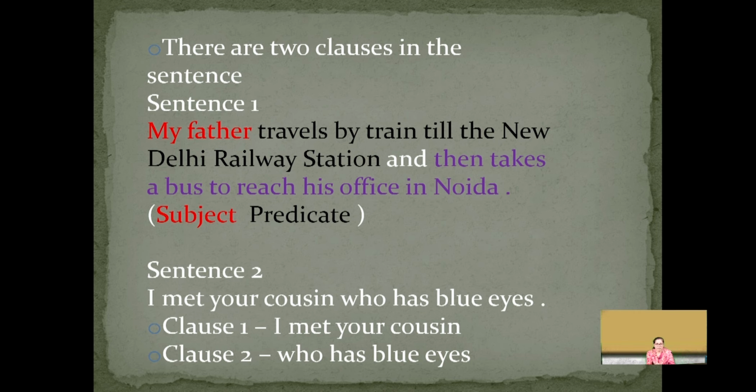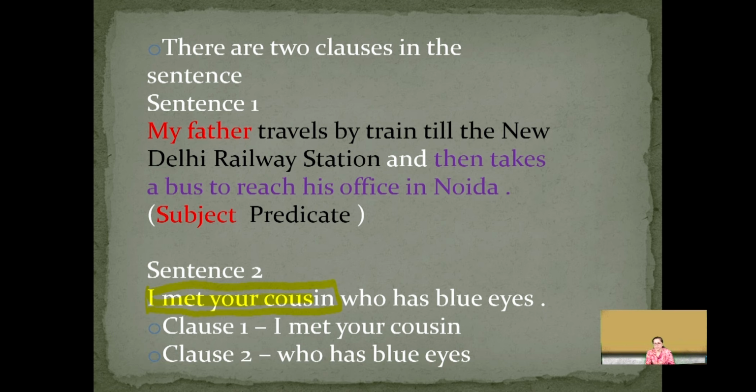In sentence number 2, the sentence is, I met your cousin who has blue eyes. So, have a look at this. I met your cousin. Now, what is this? This is clause number 1. What kind of a clause is this? Is this making complete sense?